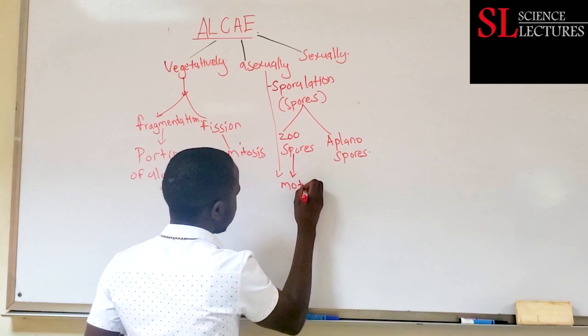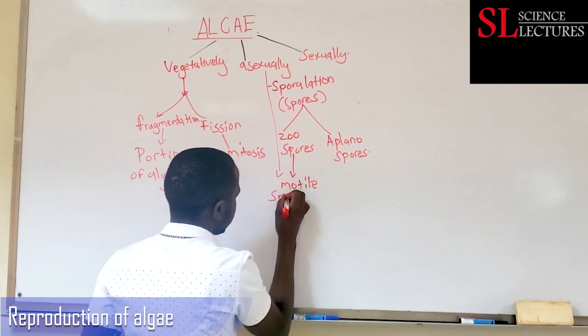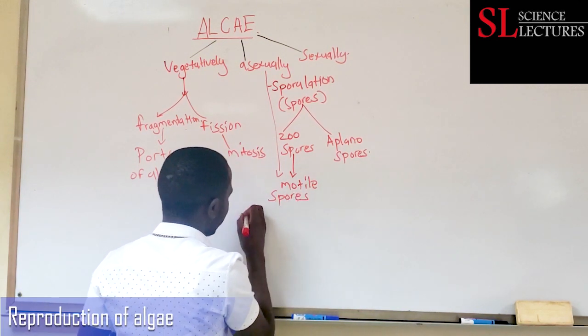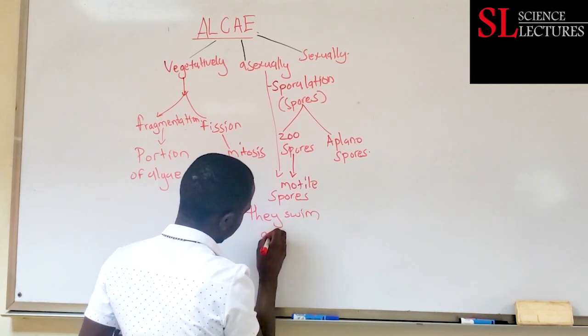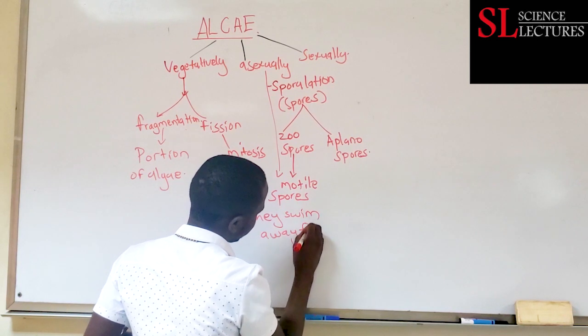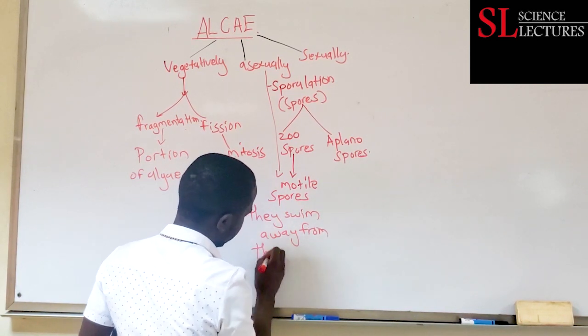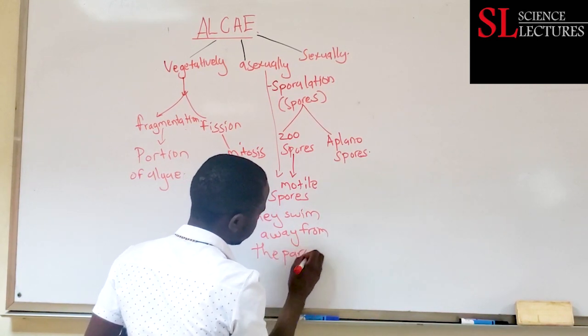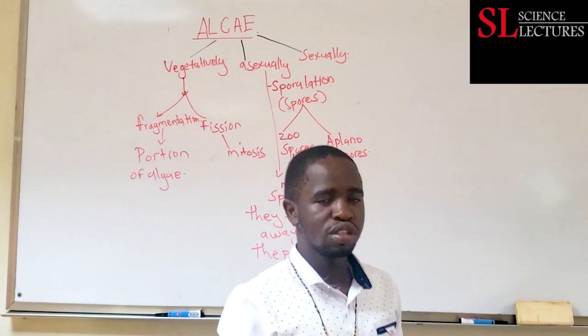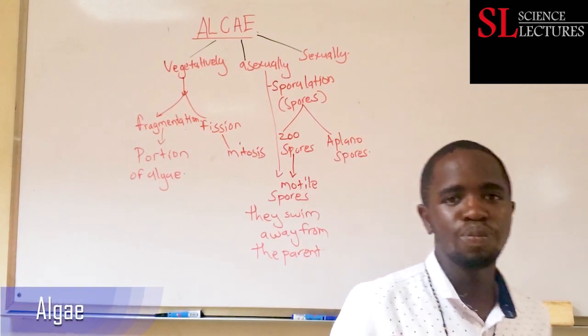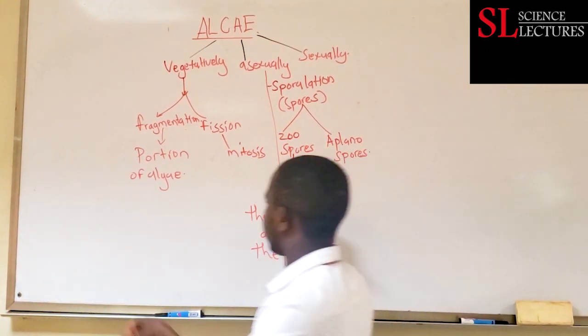These are motile spores, and they swim away from the parent. When they reach somewhere, they will develop to form a new algae.